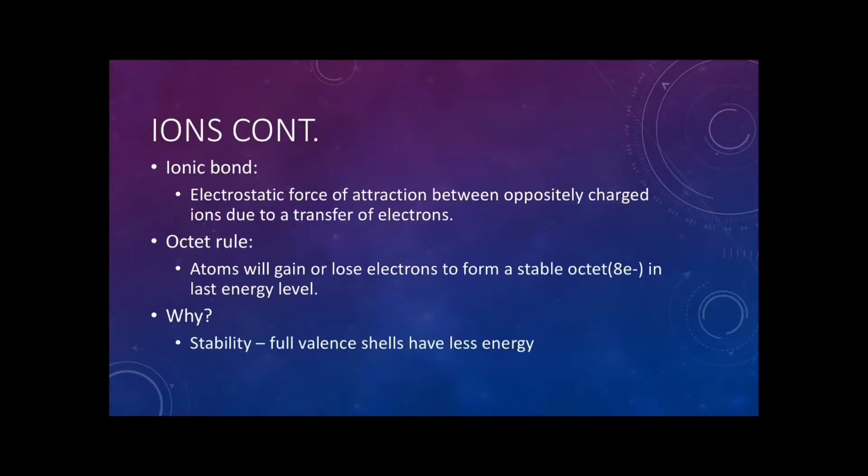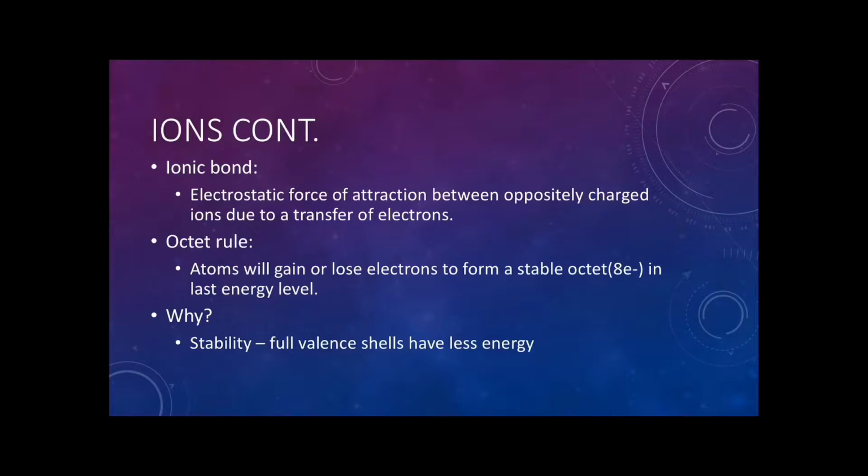Ionic bonds. This is something that we are going to talk about in the next lesson, but I wanted to give you a little bit of an overview because we are naming ionic compounds, and this is what is bringing these compounds together. An ionic bond is an electrostatic force of attraction between two oppositely charged ions, which allows a transfer of electrons.